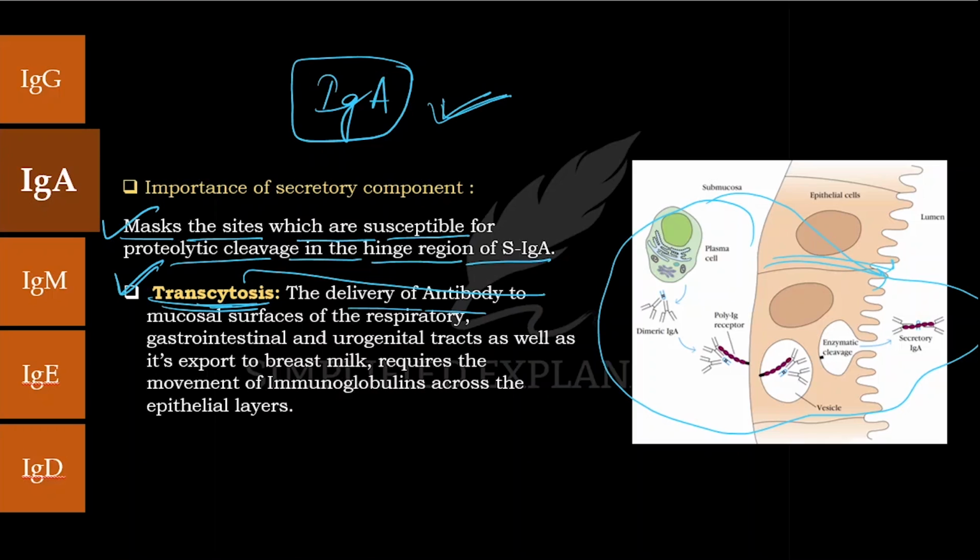The delivery of antibodies to the mucosal surfaces of the respiratory, gastrointestinal and urogenital tracts, as well as their export to breast milk, requires the movement of immunoglobulins across the epithelium. That process is called transcytosis. The capacity for transcytosis depends upon the properties of the constant region.